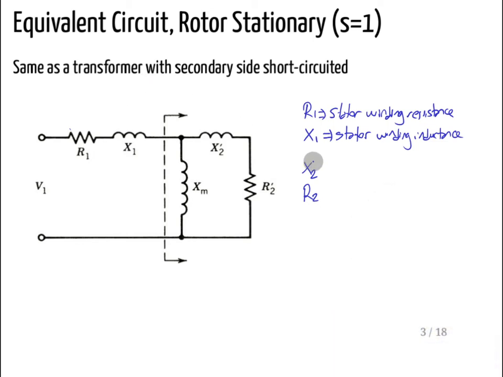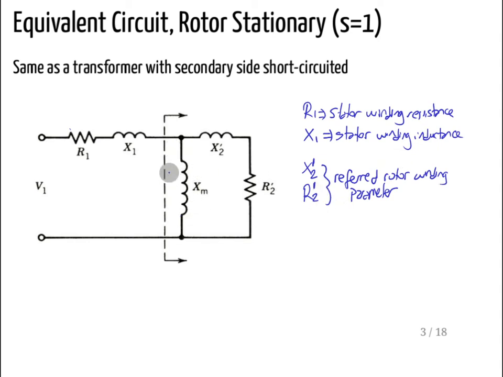Remember, those show the referred rotor parameters. Similarly, R2 is the resistance of the rotor windings and X2 is the inductance of the rotor winding.